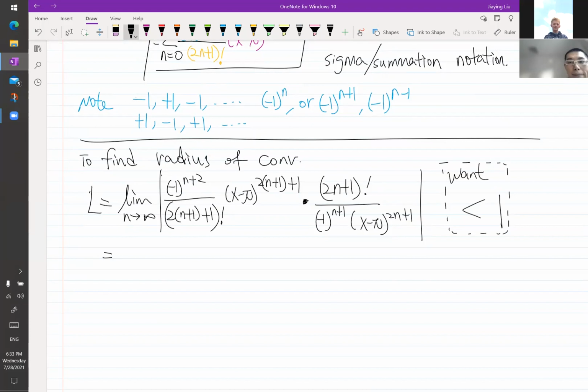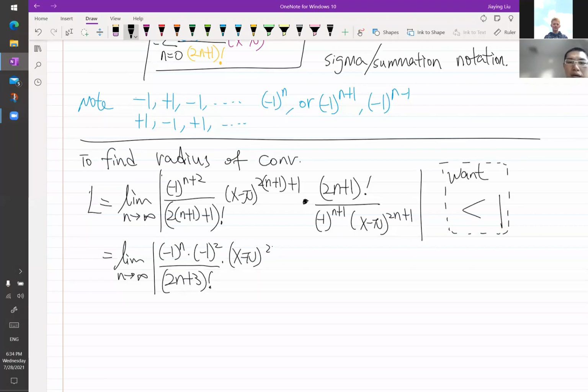So let's see. All right, I'm going to do it this way. The limit as n goes to infinity. This is (-1) to the n plus 2, so that's (-1) to the n times (-1) squared. You can just put it all together; I think this might be more straightforward to some of you. So that's (2n plus 3) factorial times (x minus pi) to the 2n plus 3.